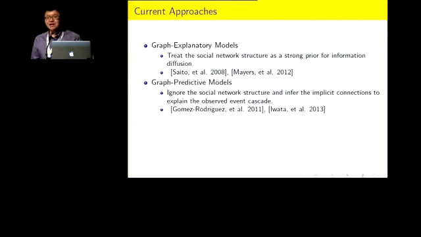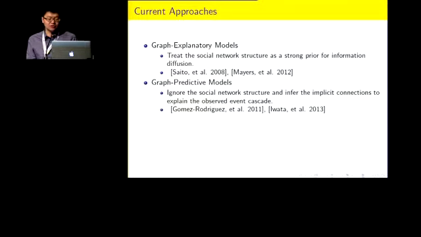There are many existing models that try to model event cascades, and we can classify them into two categories. First is the graph explanatory models. These models treat the social network structure as a strong prior for information diffusion. Another category is the graph predictive models.